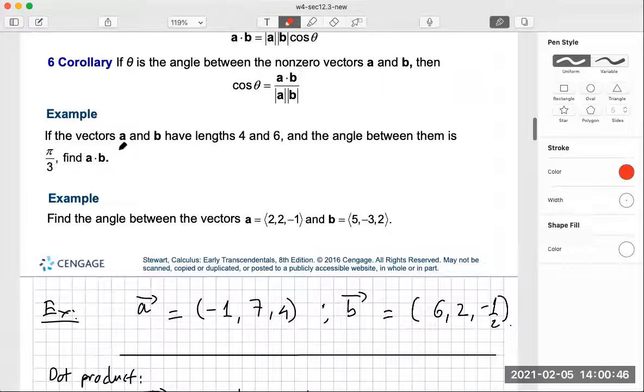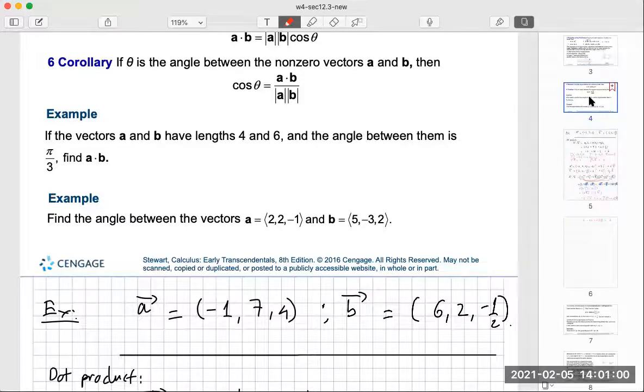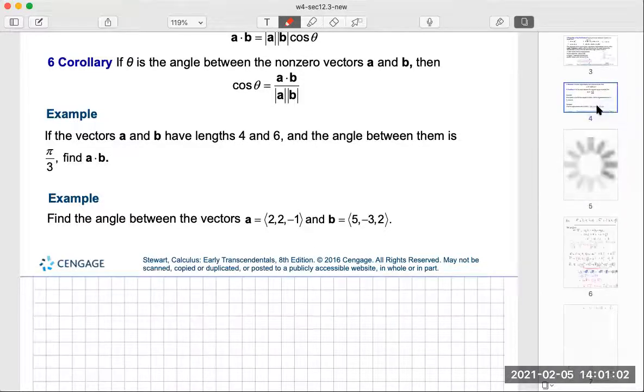Example: if A and B have the length 4 and 6, and the angle between them is pi over 3, find the dot product of A times B. So look at the formula for this.